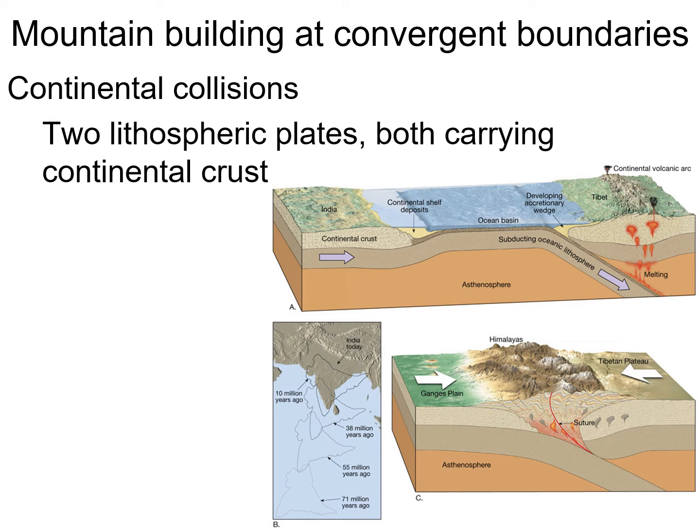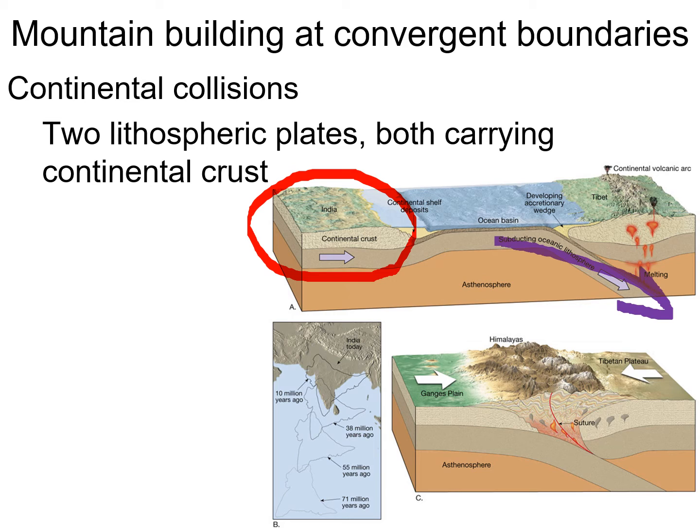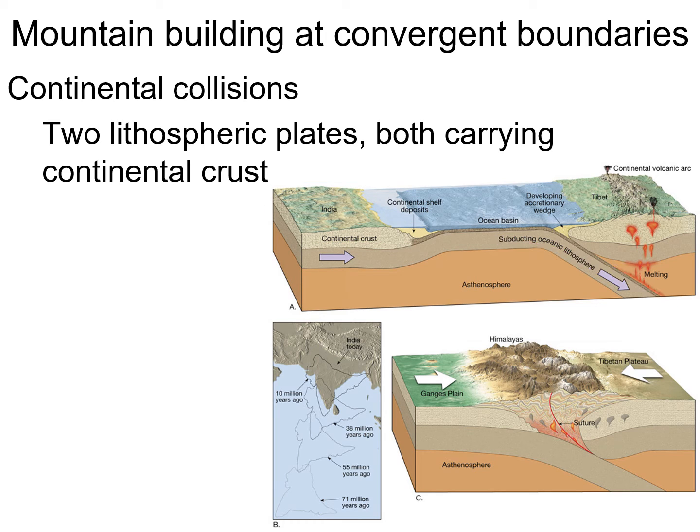Now, of course, where we have mountain building at convergent boundaries, remember that if we have any subduction, it's the oceanic crust that is denser, and so that's the one that's being pushed down. But in the case of the Himalayas, it is still a convergent plate boundary. You have India going in there, but all of the oceanic crust in between has already been used up.